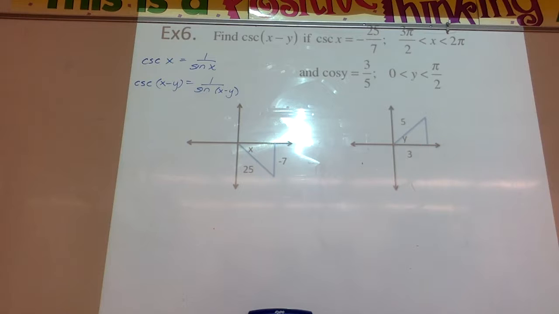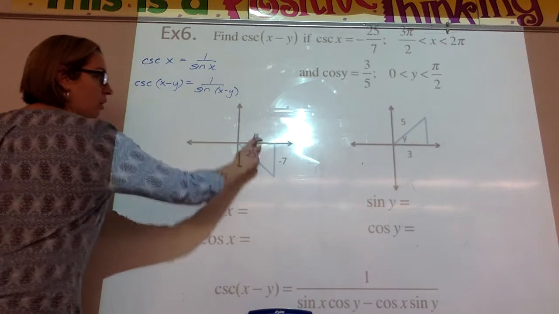Since my formula is the sine formula, I'm going to need the sine of x and the cosine of x and the sine of y and the cosine of y.